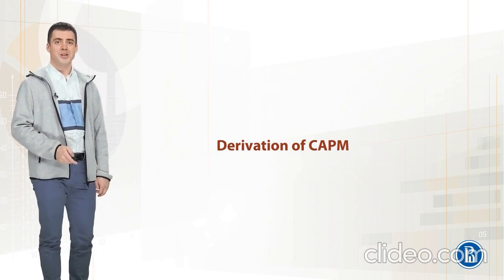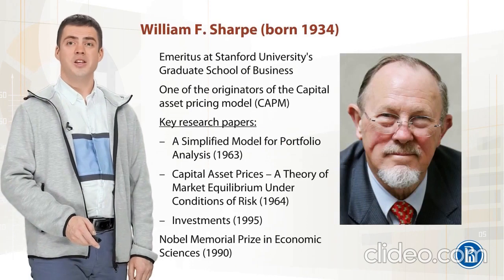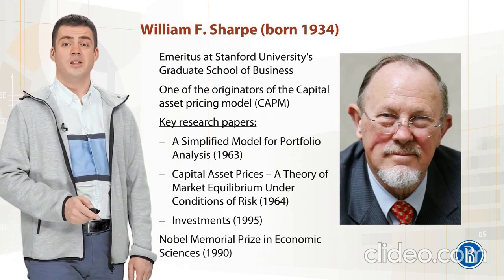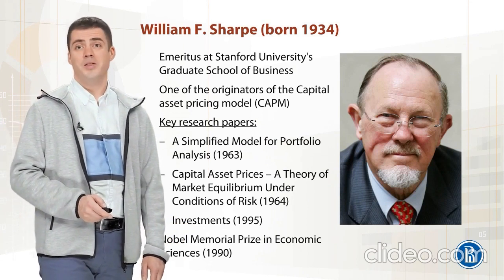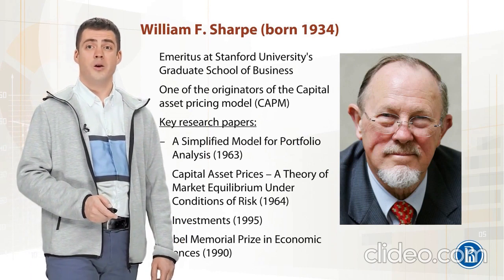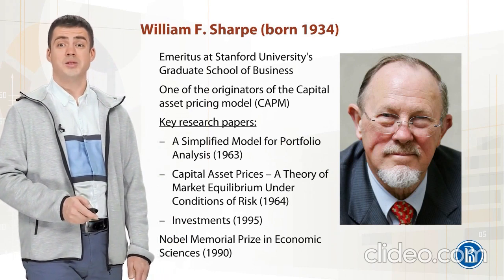So let's get started. This is William Sharpe, the Nobel Memorial Prize in Economic Sciences winner in the year 1990. By the way, he shared this award with Harry Markowitz.